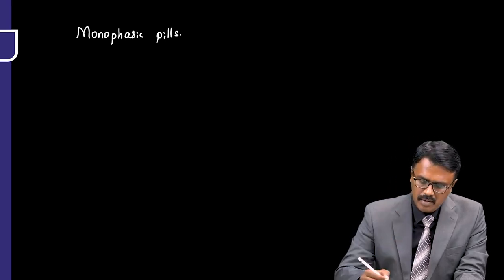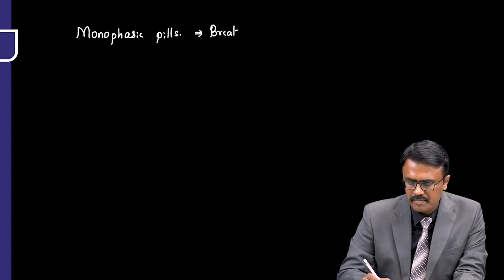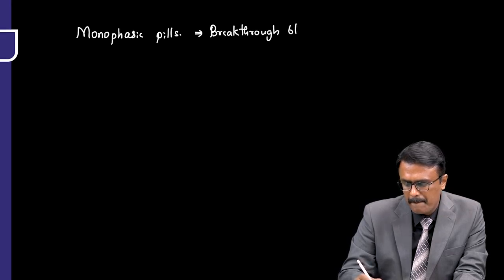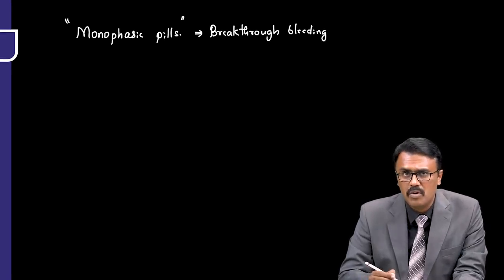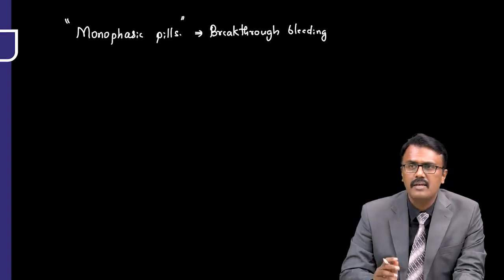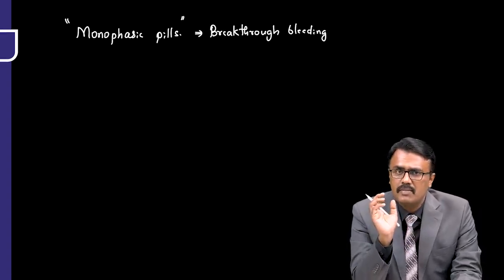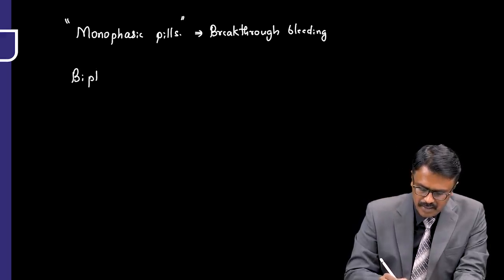And the problem with monophasic pills is breakthrough bleeding. So if you keep the dosage of estrogen and progesterone the same throughout the cycle, there is a chance of breakthrough bleeding, meaning in between the menstrual cycle there is bleeding. To avoid that, we came up with something called the biphasic pill.